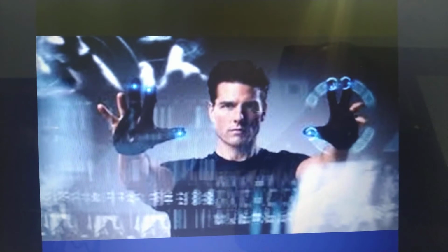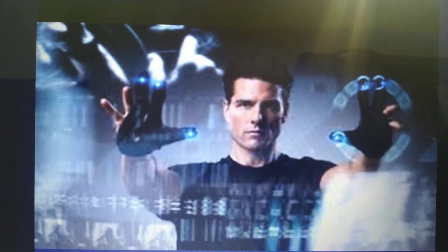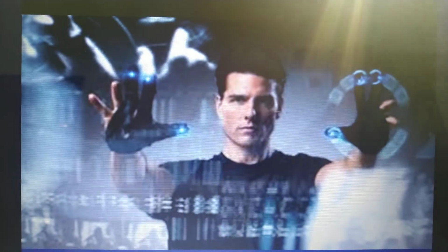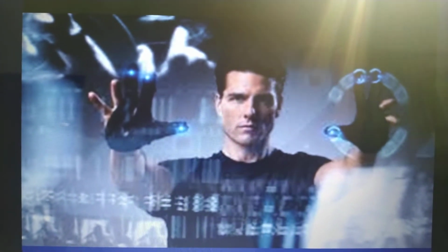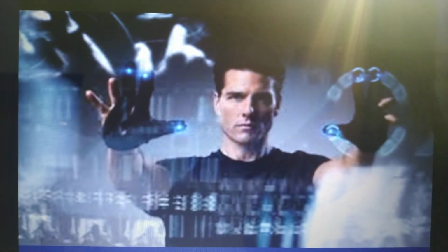This is just a picture. I think the guy is Tom Cruise, and this is from some movie where there is a visualization of tactile virtual reality. What that means, let me explain to you. Tactile means touch. So in virtual reality, you could move things all around. You could move images all around.